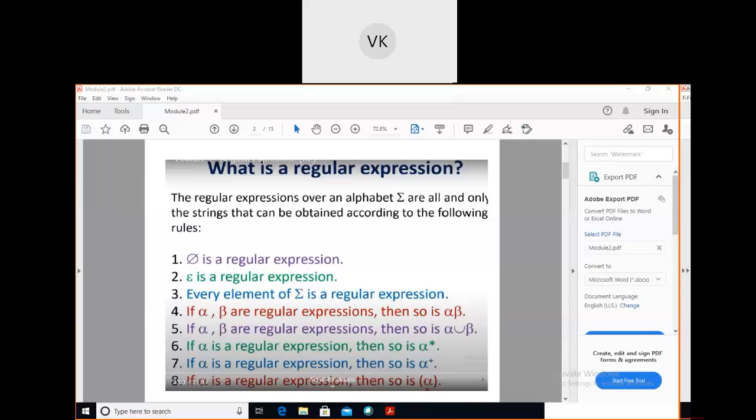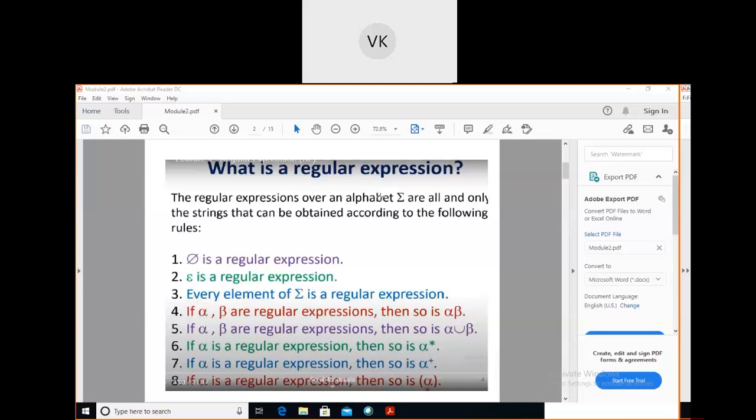This is very important for solving the examples. In this concept, especially in the exam, there are fixed questions. The same type of examples you are getting in the first model.